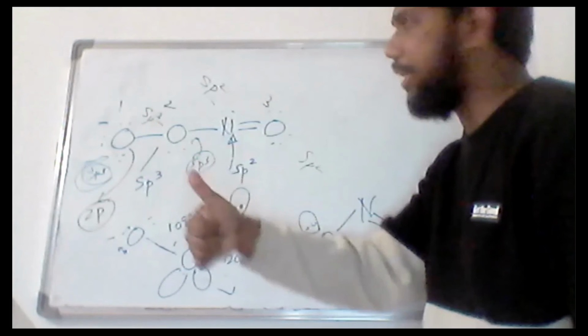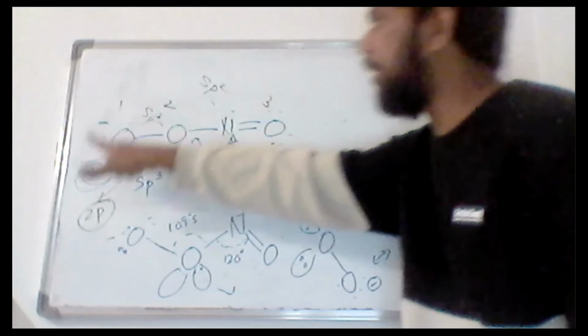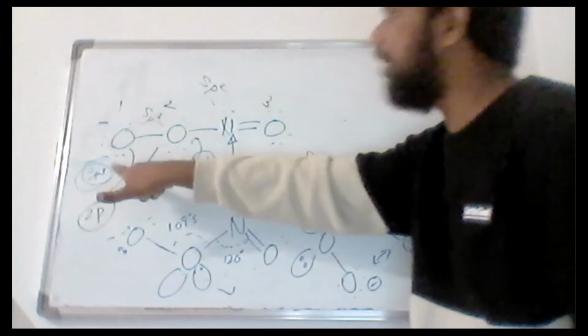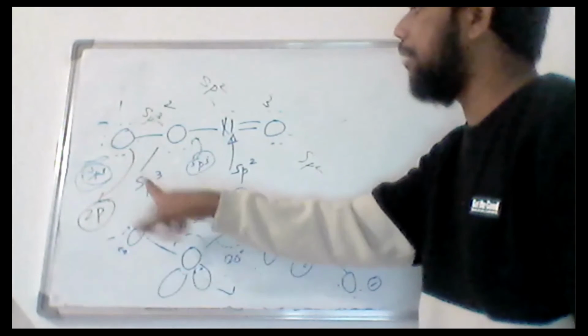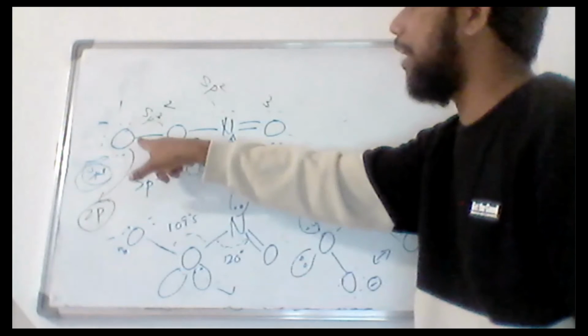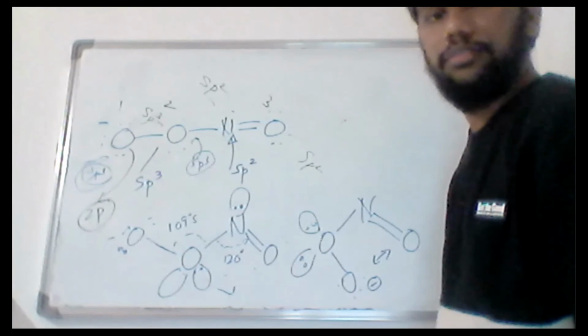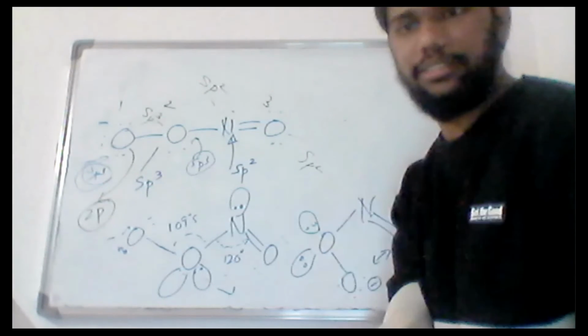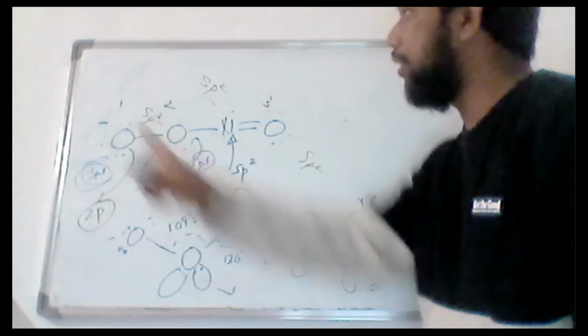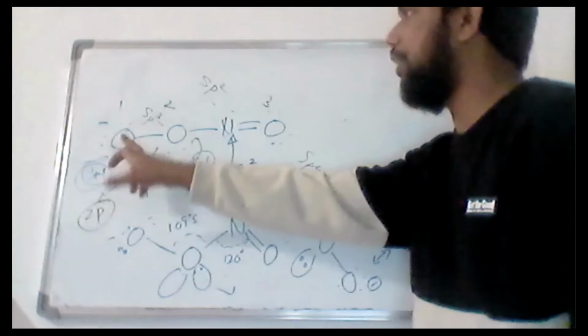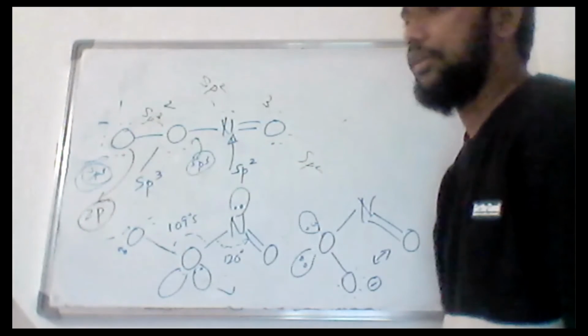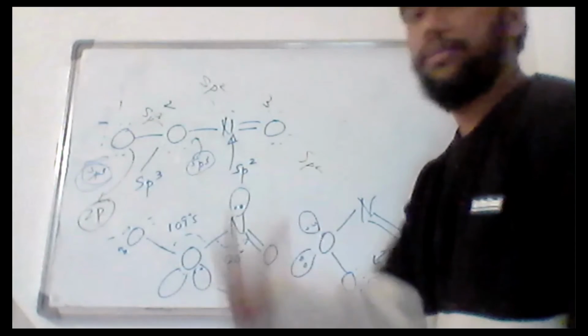One sp3 hybridized orbital will have one lone pair, the other one will have another lone pair, the other one will have another lone pair, and the remaining sp3 hybridized orbital can have the bond here. But you guys are stating this is 2p. The bond between this one and this one is 2p. I am asking why. You can use the chat box very quickly.